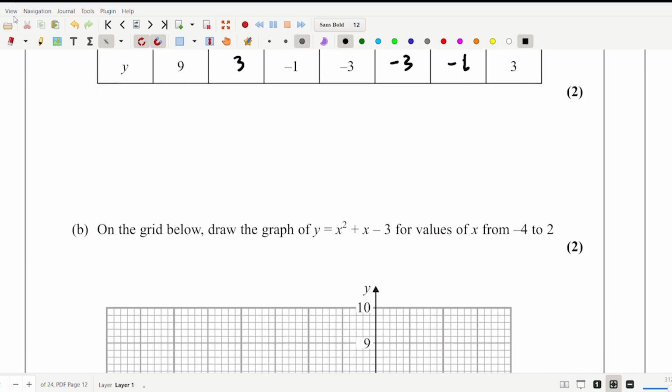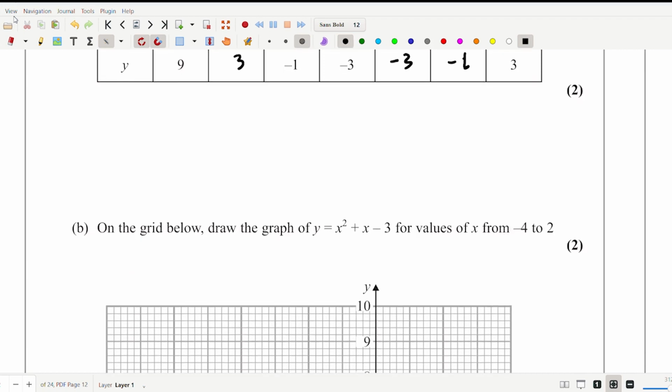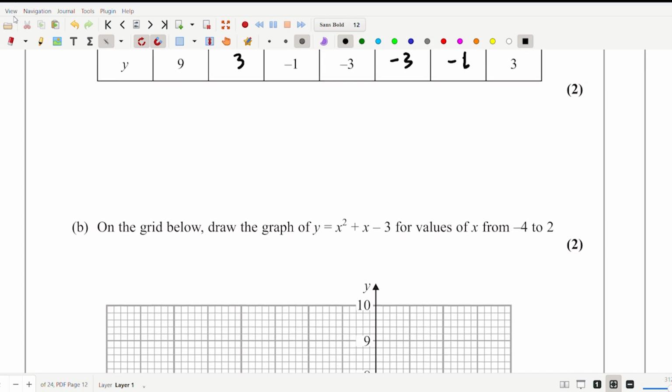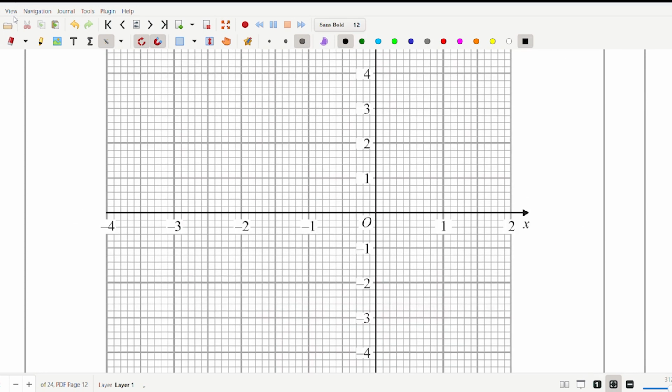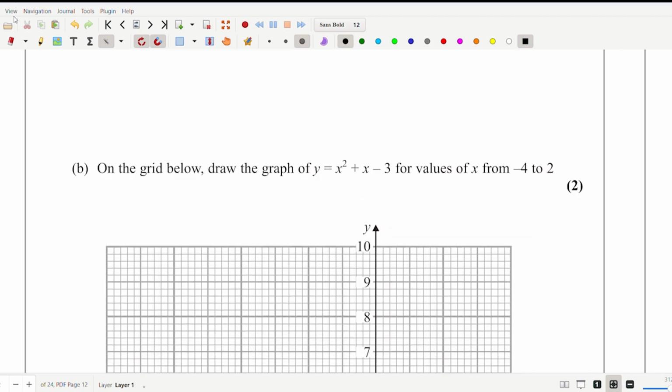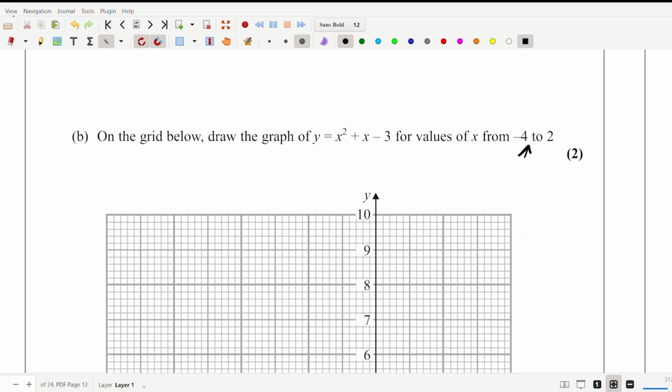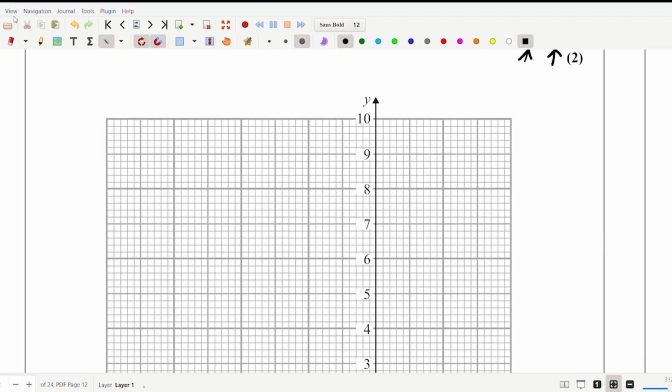On the grid below, draw the graph of y equals x squared plus x minus 3 for values of x from minus 4 to 2. So it's an interval starting from minus 4 and ending with 2.